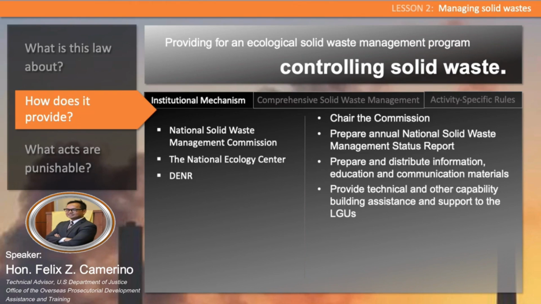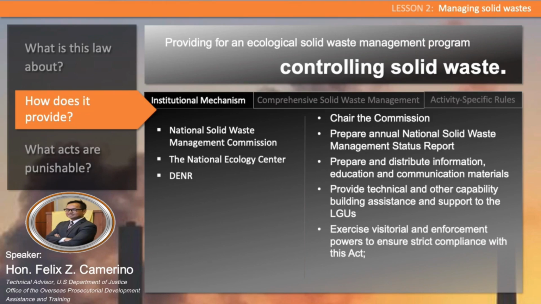What else? This is an interesting power that the law gives the DENR. Since they're the lead agency, they are also responsible for enforcing, as they are given those powers. And one of the additional powers given to them by this law is that of visitorial powers.